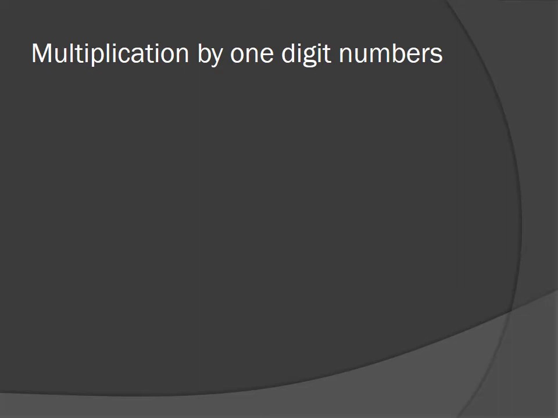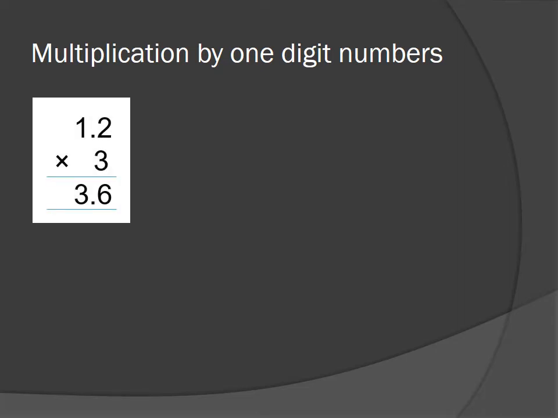Multiplication by one-digit numbers. We use a similar method for multiplication of decimals as for multiplication of whole numbers. First example, 1.2 we have to multiply by 3. You know how to multiply whole numbers.